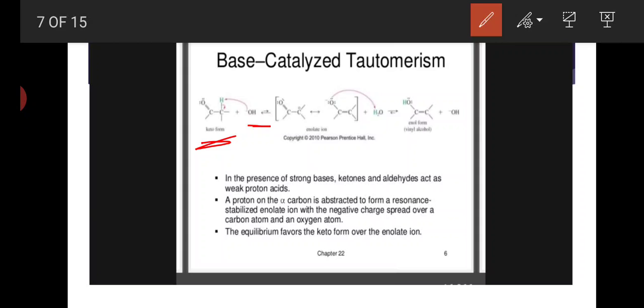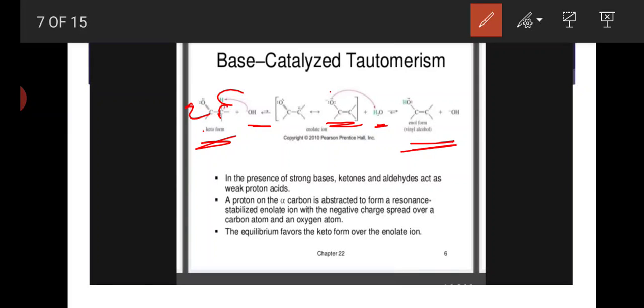This OH minus takes this hydrogen and forms a negative charge here. Then the double bond shifts here, and oxygen gets the pi bond and forms O minus. Then this enolate ion reacts with a water molecule and forms enol form. This is keto form and here enol form.